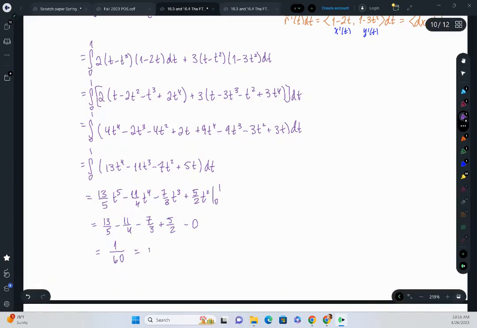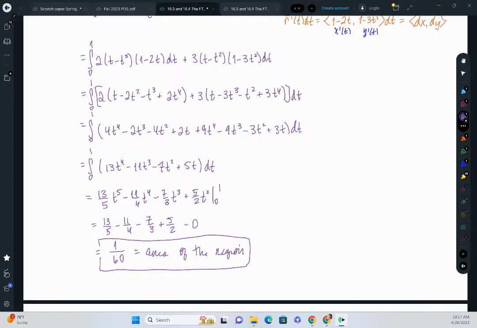And this is equal to the area of the region. Still a long process. I'm not going to say that the process is short, but it's possible. Whereas before it really wasn't possible because we had no way to give that region any sort of function.